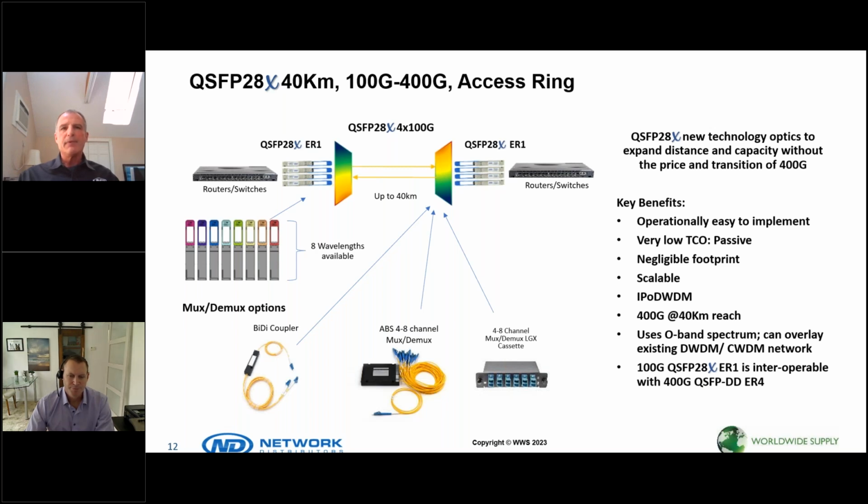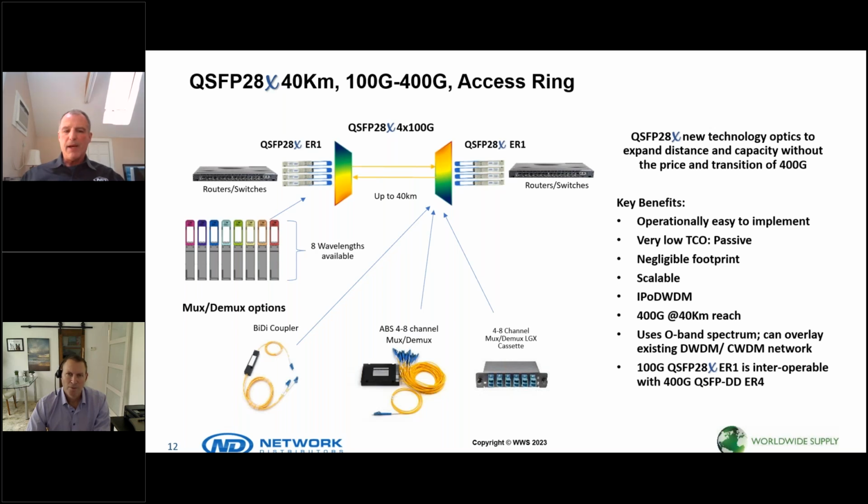A lot of the NEMs and the manufacturers of the optics got together and they have created this standard. It allows you to put an amplifier and chromatic dispersion compensation within the optic, which means it's a direct plug and play into your switch or router. So the only thing you need to do is to add a passive mux or demux.